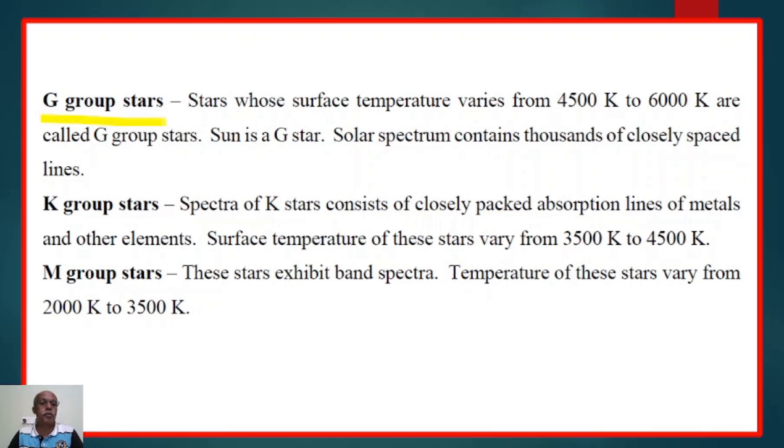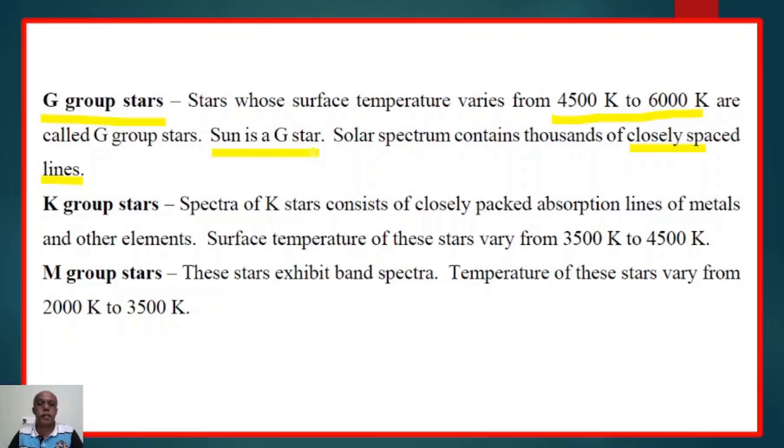Next we have G group stars. G group stars are the stars whose spectra consist of closely spaced spectral lines, and the surface temperature of these stars varies from 4,500 to 6,000 Kelvin, and the Sun is an example of a G star.